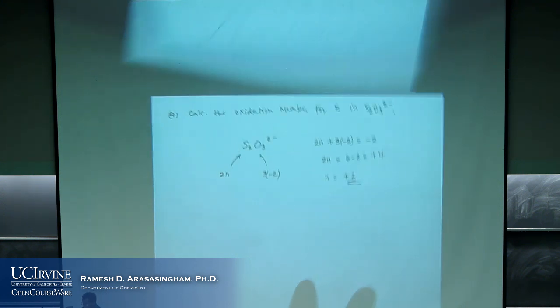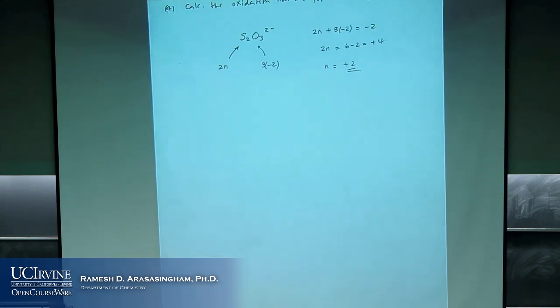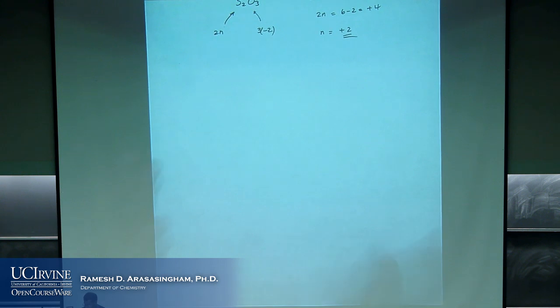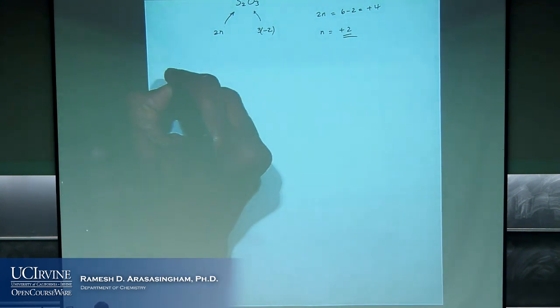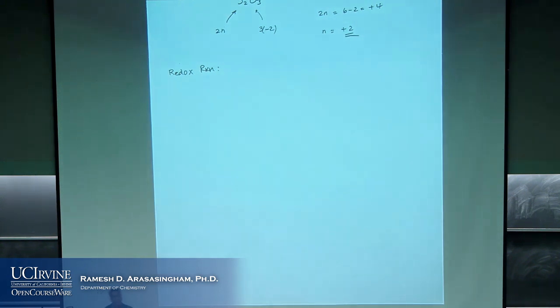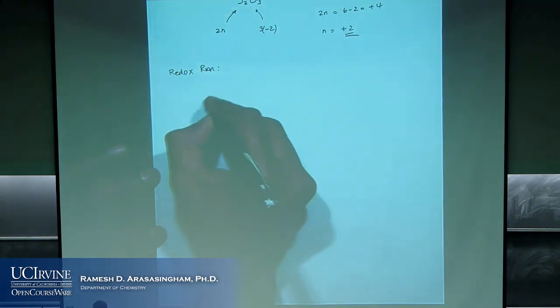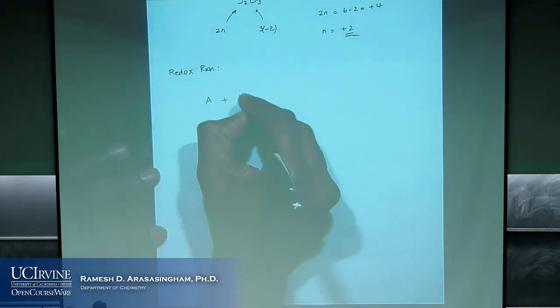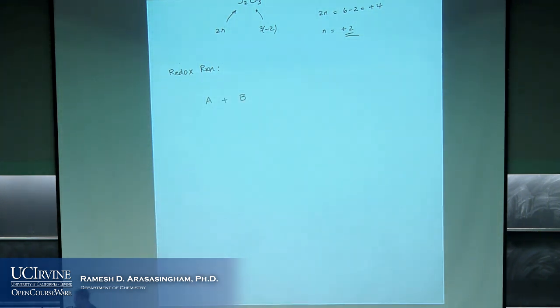Okay? Now let's apply this in an example where we're looking at a redox reaction. So if I take a redox reaction, and we said a redox reaction involves electron transfer. Okay? So let's just take an example where we have two reactants.